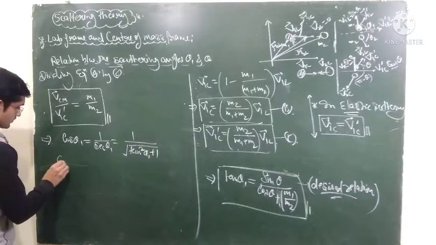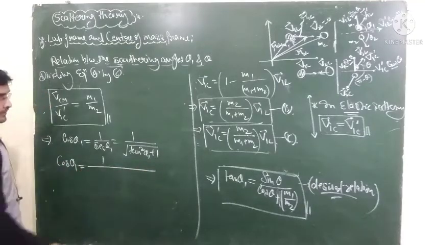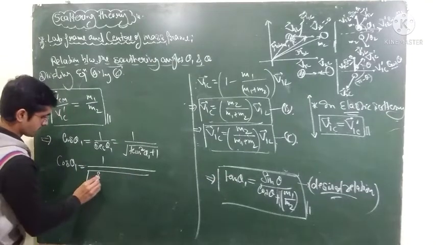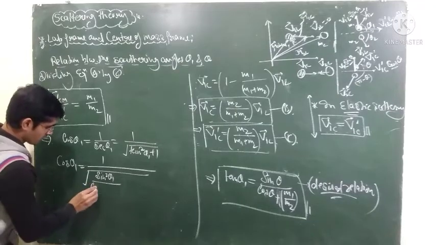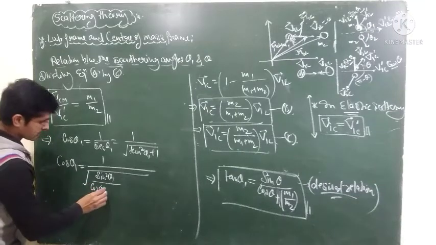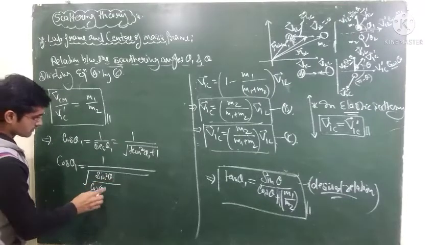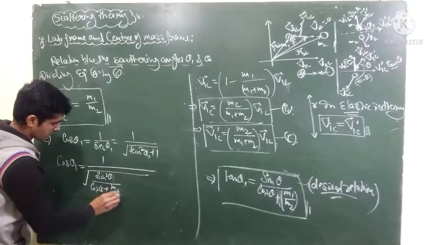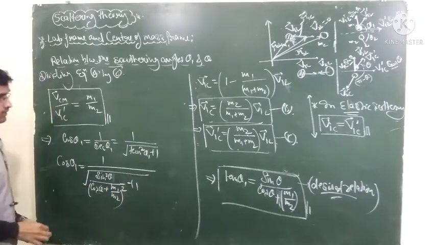These are just basic trigonometric relations that you must have learned in your school mathematics. So cos of theta 1 can be written as 1 over the square root of this particular term, so it will be sine square theta divided by cos theta plus m1 over m2, whole squared, plus 1.